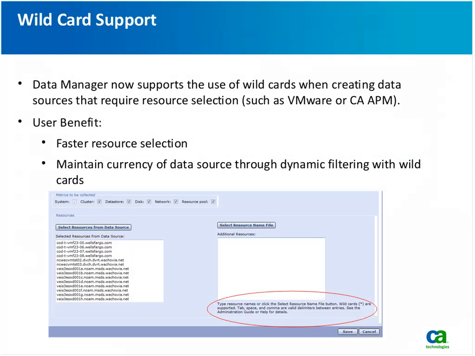First is wildcard support. As some of the long-time capacity management customer users out there know, the way to define the individual servers for the data source sometimes can be cumbersome. Especially when you have new servers added, you have to go back and change the definition to include them in the data adapter.